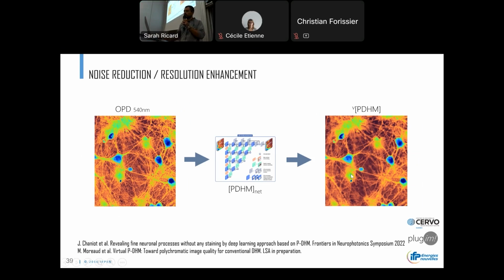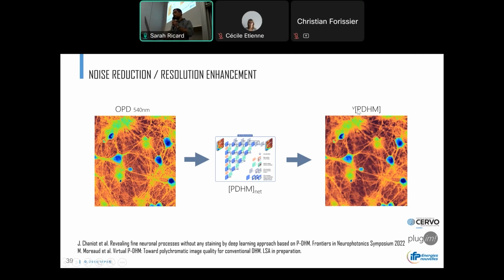And we obtain what we call virtual PDHM images. That is an image almost without noise, and we are able to extract the connections that we are not able to extract correctly in the first image.